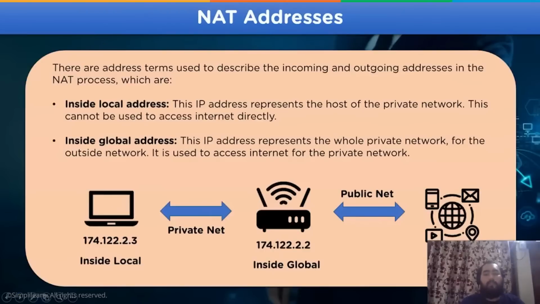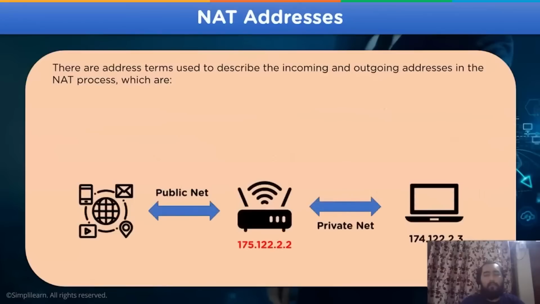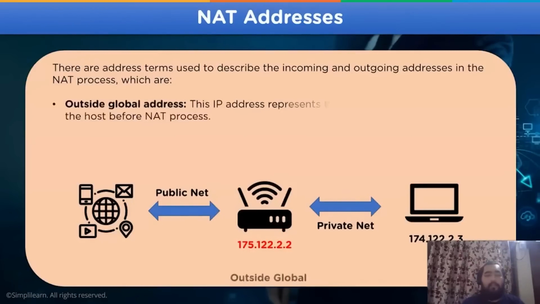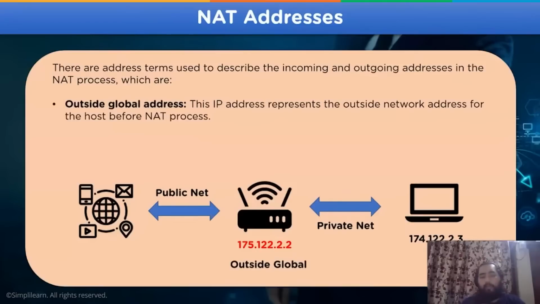Now let's move on to the remaining IP addresses for NAT. According to this example, now we are returning from a public network to the private network. Please keep that in mind. The address type that comes next is the outside global address.